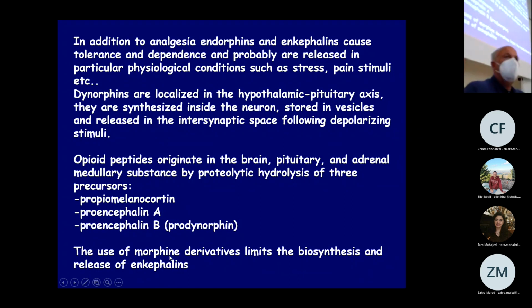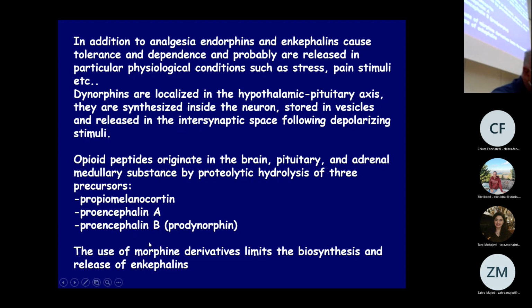There is another aspect. Also, endorphins and enkephalins are responsible for tolerance and dependence. Probably these compounds are released in particular physiological conditions: stress, pain stimuli, partum, and others. These compounds interact also in the hypothalamic area.